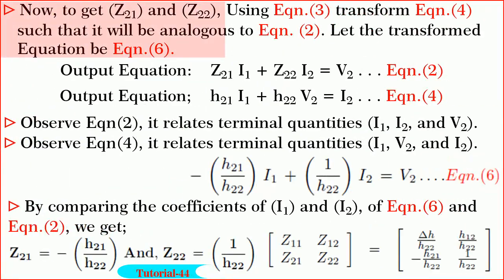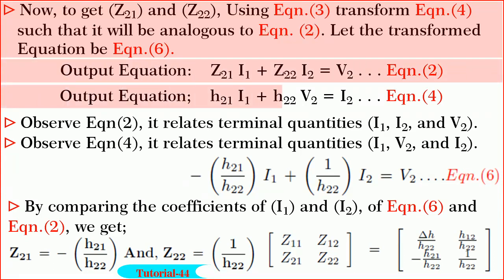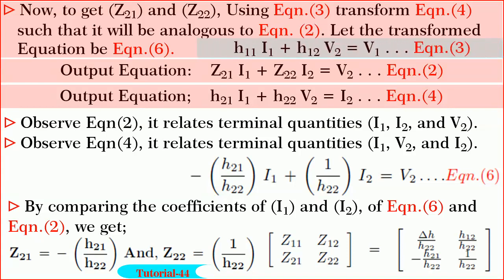Now, to get the other two expressions for Z21 and Z22, we have to follow the same process using equation 2 and equation 4. What we have to do is, using equation 3, transform equation 4 so that it is analogous to equation 2. That's all.